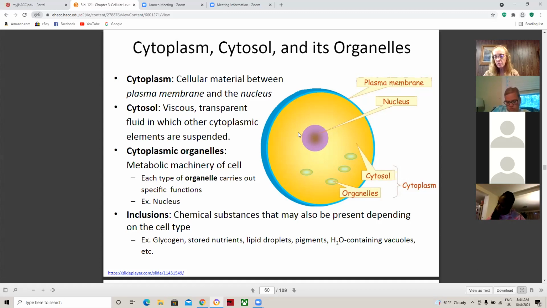So the cytoplasm consists of the cytosol and the organelles. Inclusions are chemical substances that may also be present depending on the cell type. For example, they can be glycogen, stored nutrients, lipid droplets, pigments, water-containing vacuoles, etc.